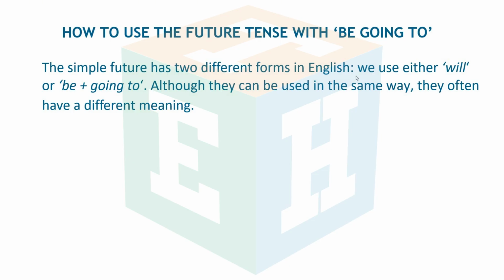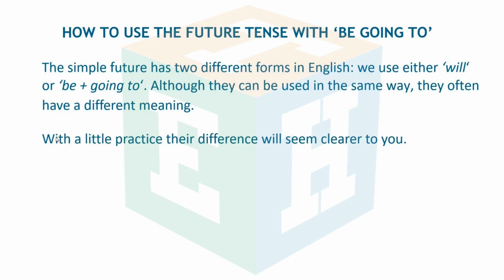We use either will or be plus going to. Although they can be used in the same way, they often have a different meaning. With a little practice, their difference will seem clearer to you.